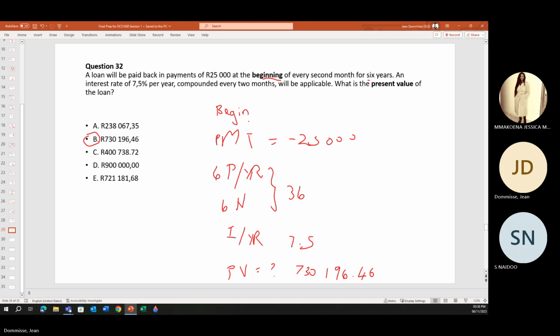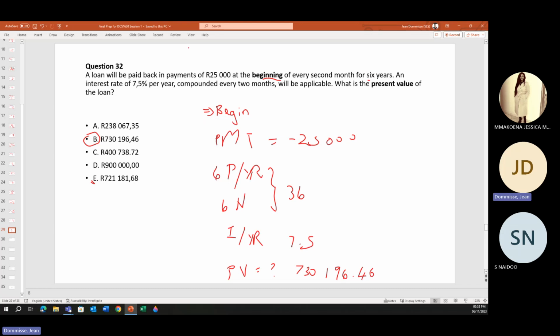If we did not change it to begin and just used it as normal, my answer would have been 721,181. So there would have been an option for you if you did not select the begin function before we started working on this sum.